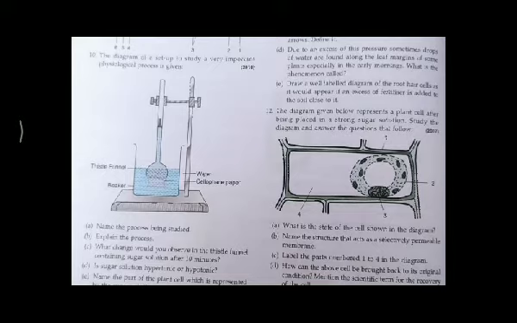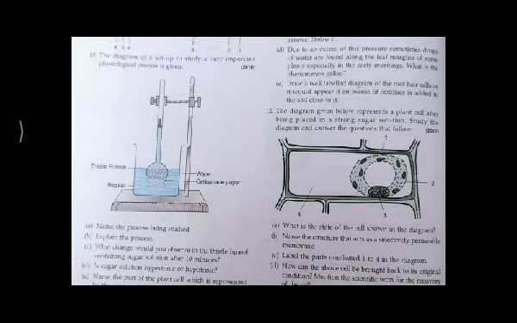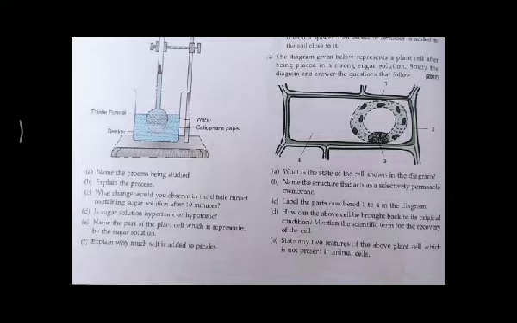You can also write it in a different way, like the diffusion of water molecules through a semi-permeable membrane from a dilute to the concentrated solution. This is also a definition of osmosis. Next, the question asks: what change would you observe in the thistle funnel containing sugar solution after 10 minutes?